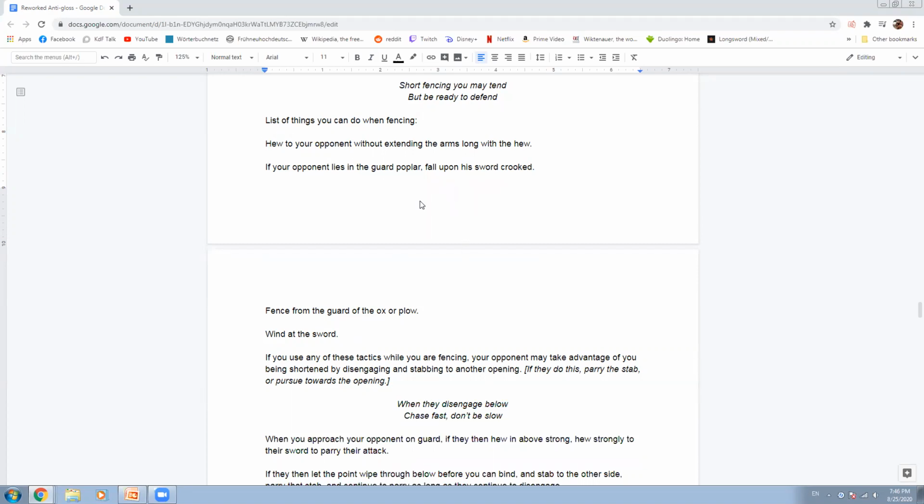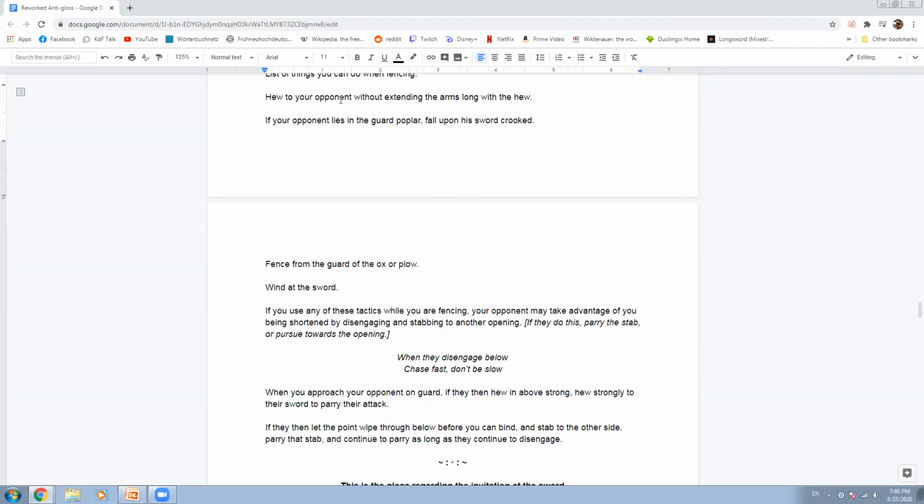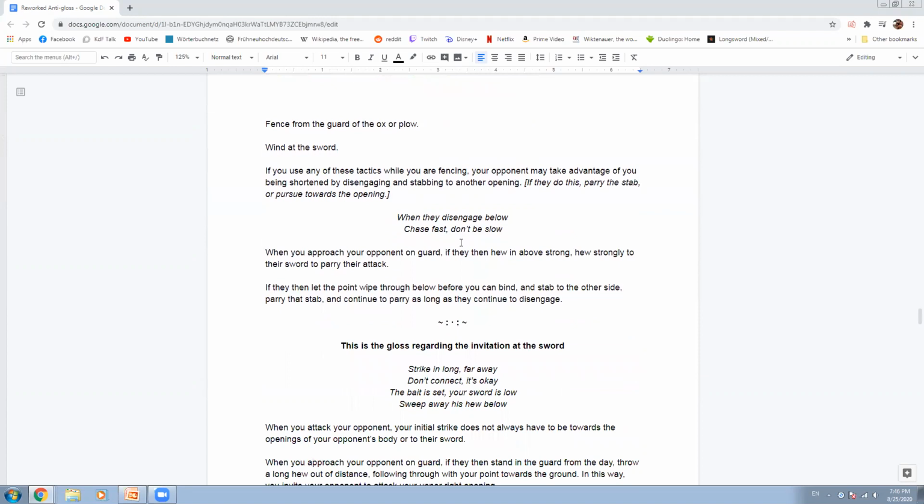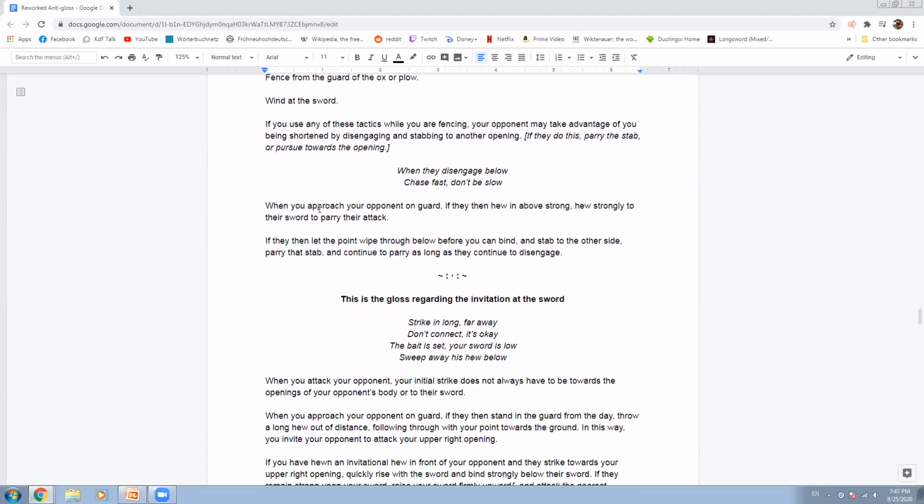So, falling upon, not extending your arms, fencing from ox or plow, and winding at the sword. If they try to disengage, then parry. When you approach on guard, if they hew above strong, hew strongly to their sword and parry their attack.